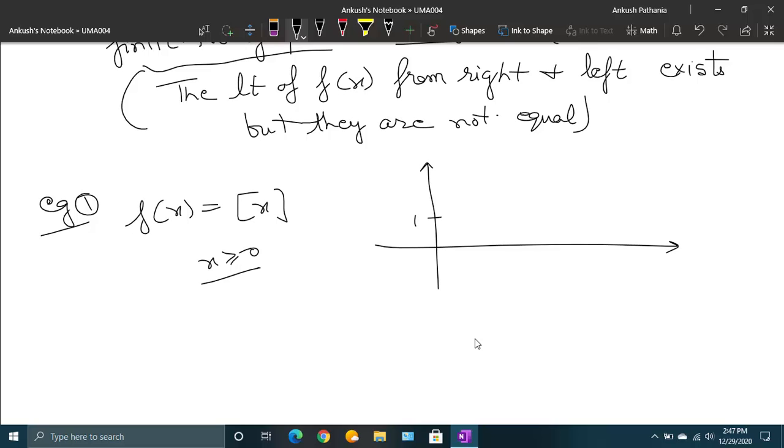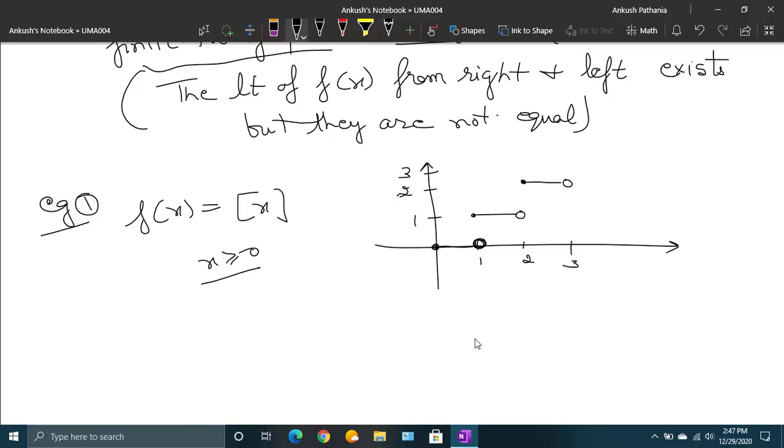So it is 1, here it is 2, here it is 3, say 1, 2, 3. Like this is your unit step function.